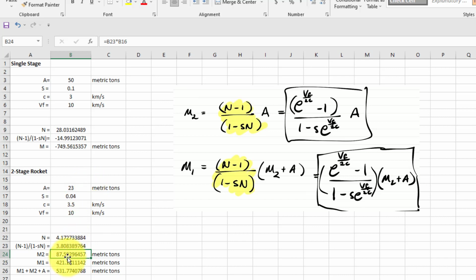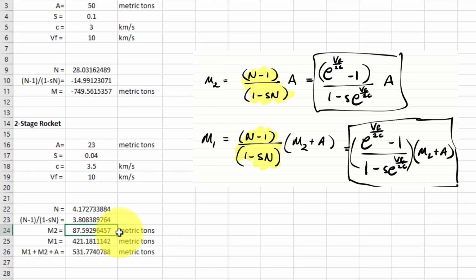So this is the factor n minus 1 over 1 minus Sn multiplied by the payload mass. So that's the stage 2 theoretical optimal mass, about 88 tons, let's say. And then here's the stage 1, about 421 metric tons. Combining stage 1, stage 2, and the payload, we're at about 532 metric tons total.